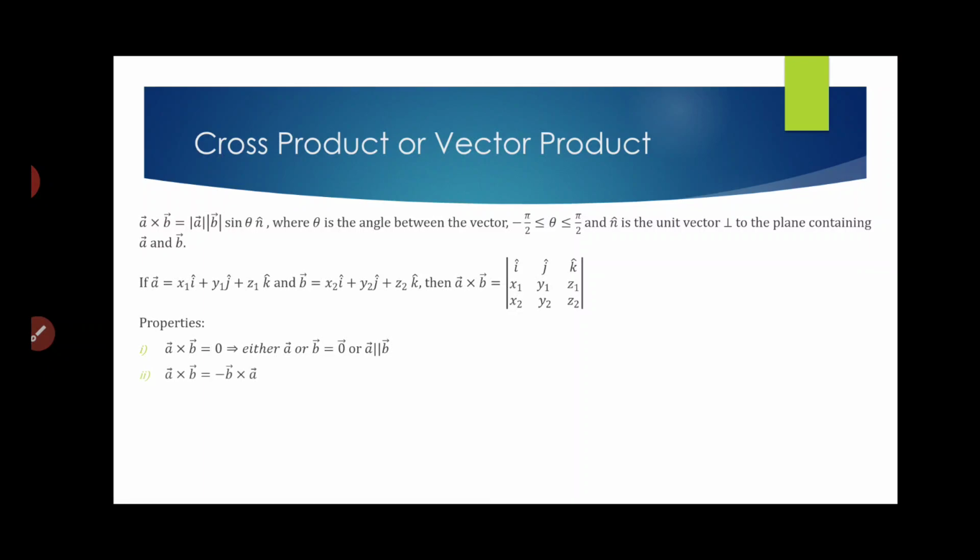Next, A cross B is basically equal to minus B cross A. So cross product is not commutative as that of dot product. So it really matters from which direction you are doing the cross product. If you just change the direction, you are going to end up with a different value, precisely the negative of the value.